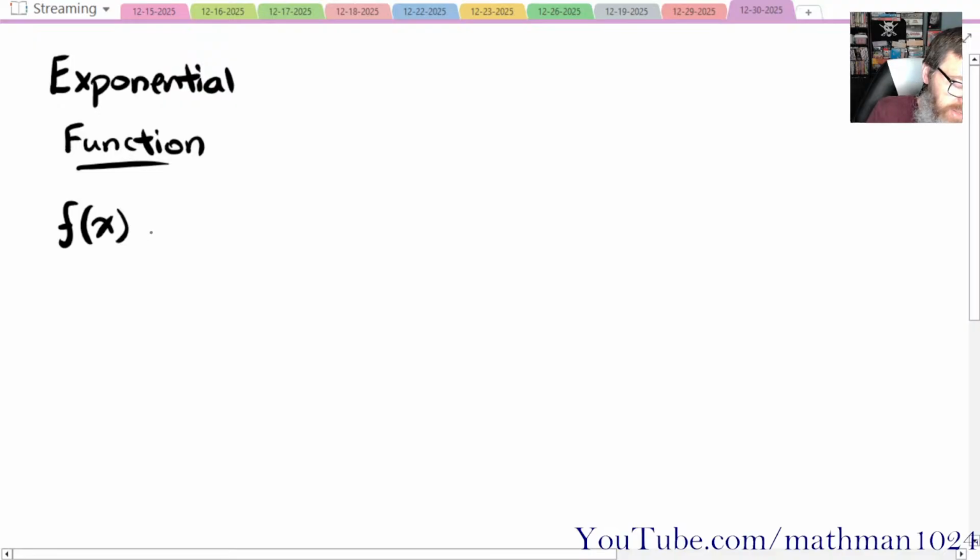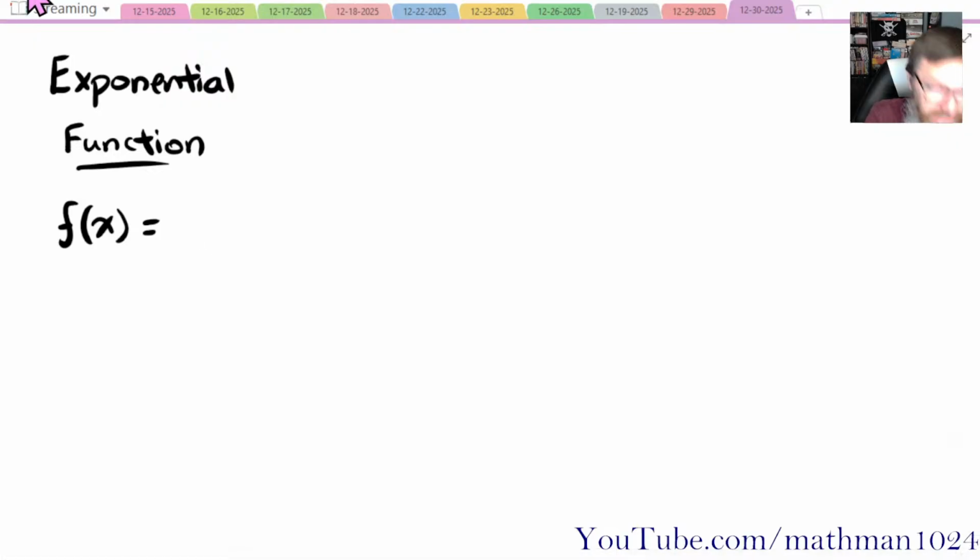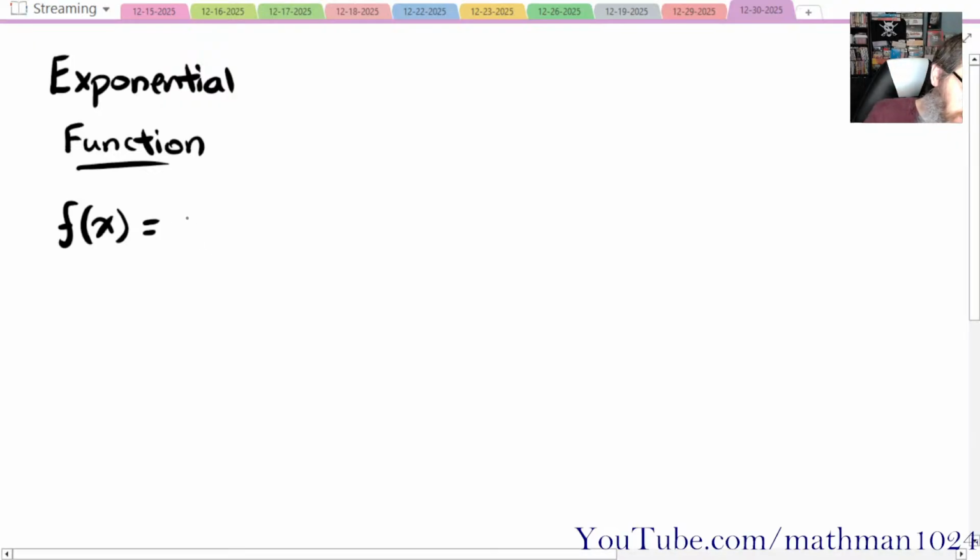It said f of x is equal to log. No, oh my gosh, where am I? I'm not here today. It's f of x equals a to the x. And we had these conditions on here. We said that a has to be positive and a could not equal 1.